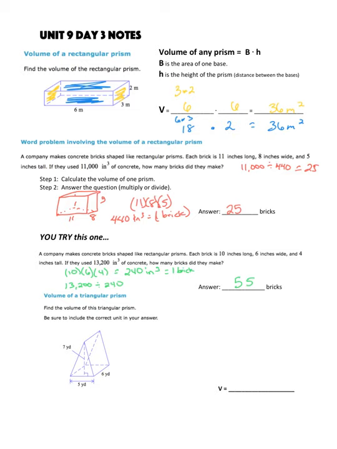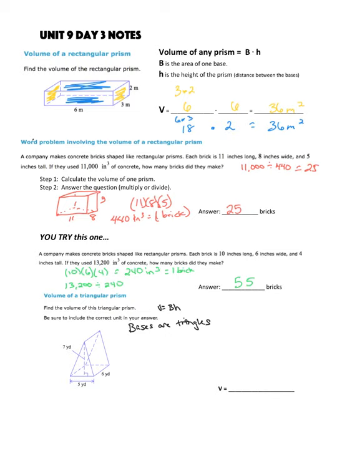All right, now let's mess things up a little bit. Volume of a triangular prism. Do you think things change? No. Volume of any prism, V equals B times H. It's a triangular prism, so the bases are triangles. I can't spell triangles. So you need to find the area of the triangle.